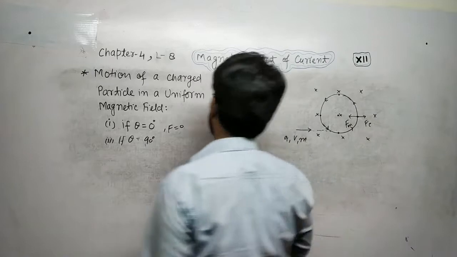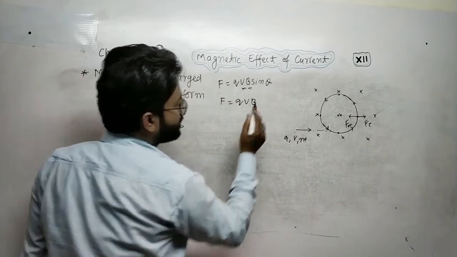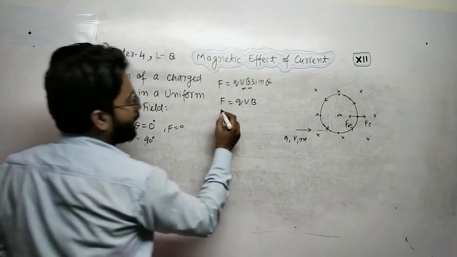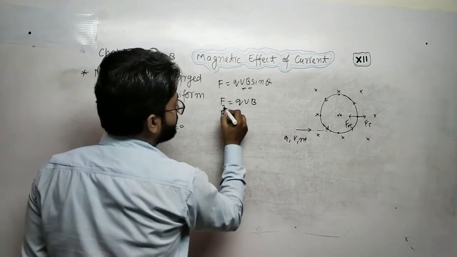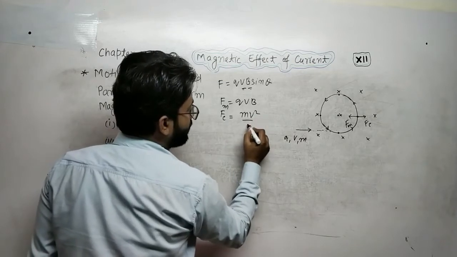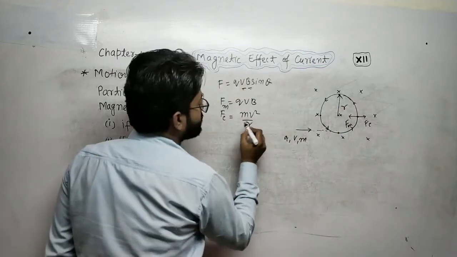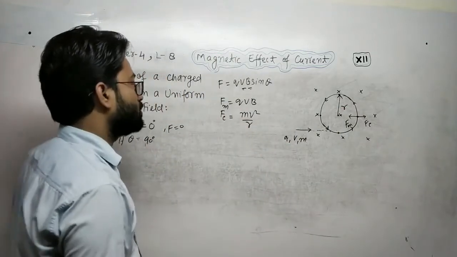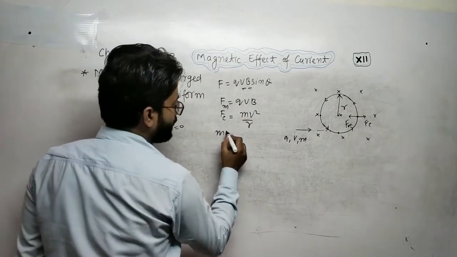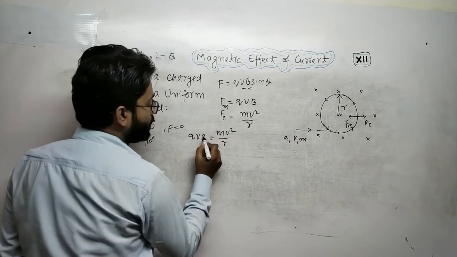You all know that the magnetic force is F equals qvB, because the angle is 90 degree, and F_c equals mv square by r, let us suppose the radius is small r. Equate this: mv square by r equals qvB.